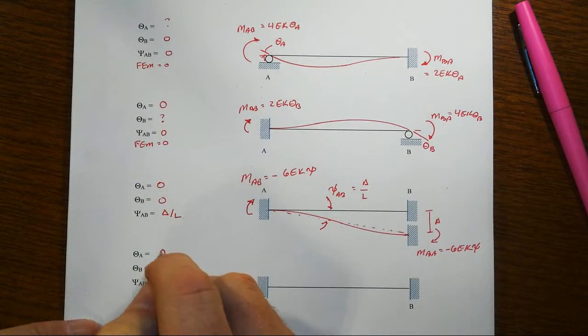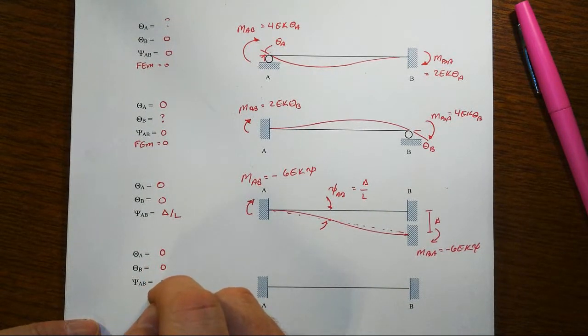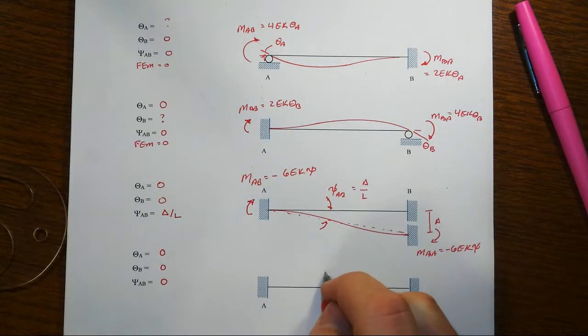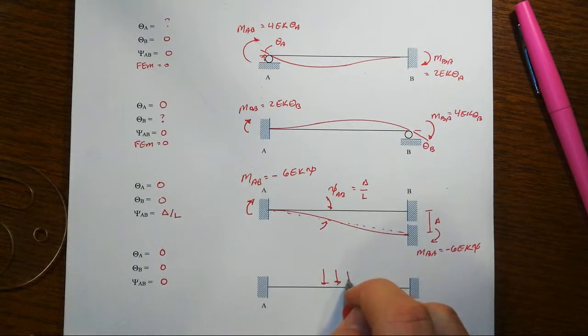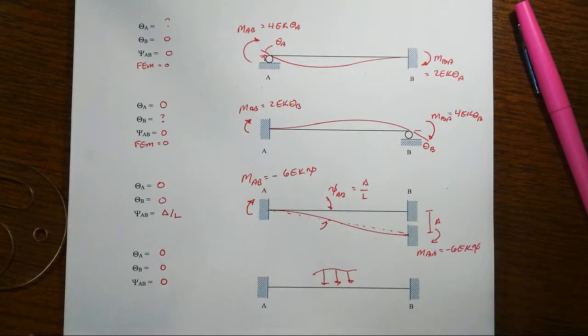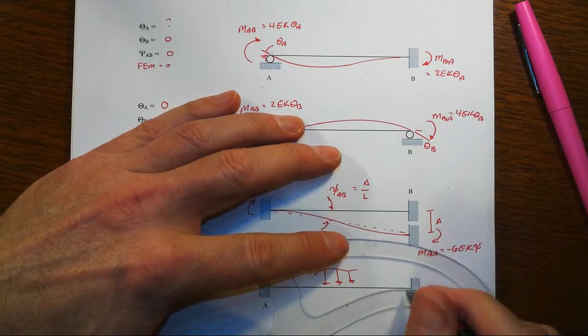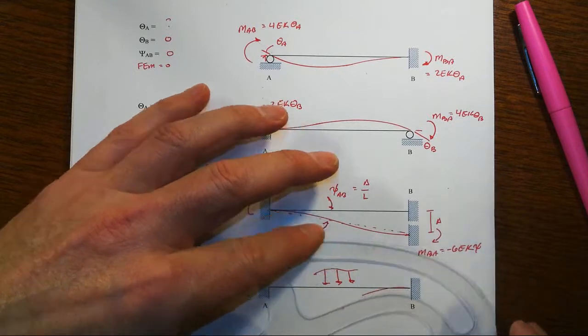Now we're not going to have any end rotations and no chord rotation. So you come along and you have whatever the load is, and then whatever the deflected shape might turn out to be.